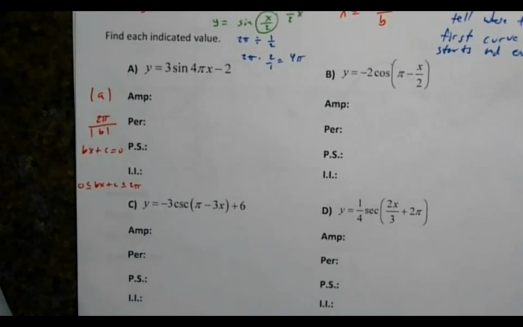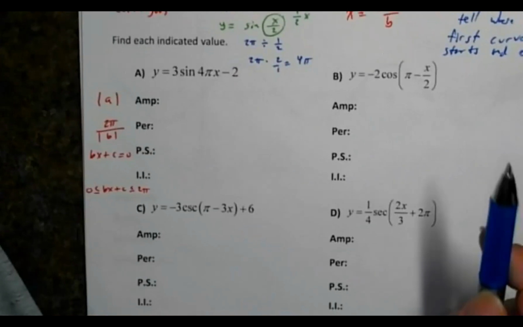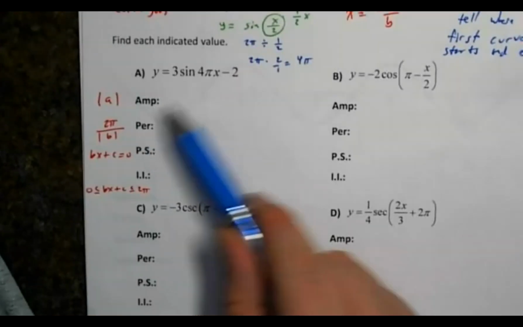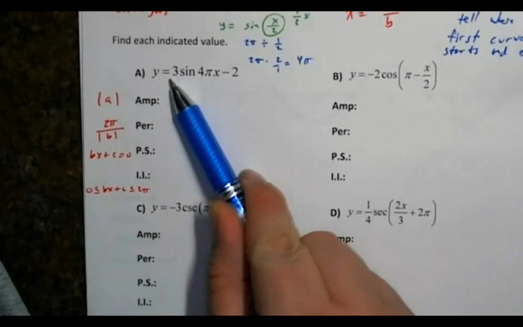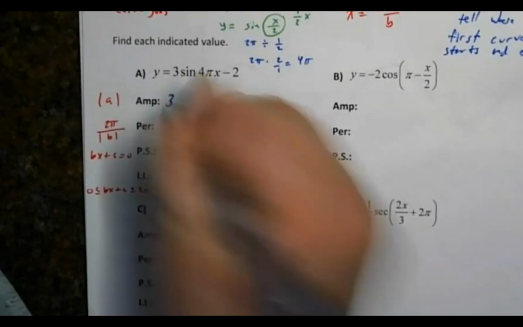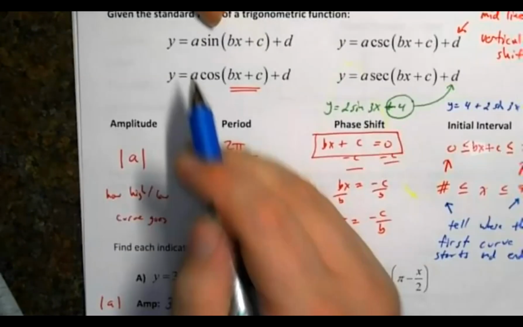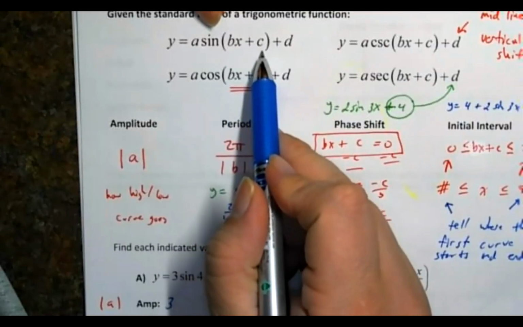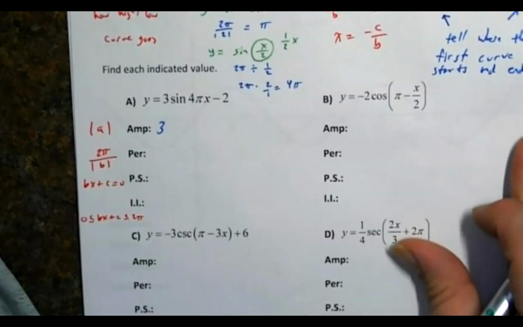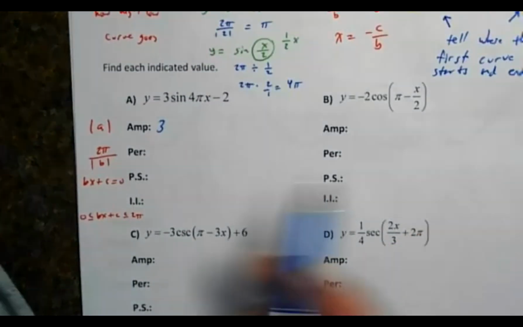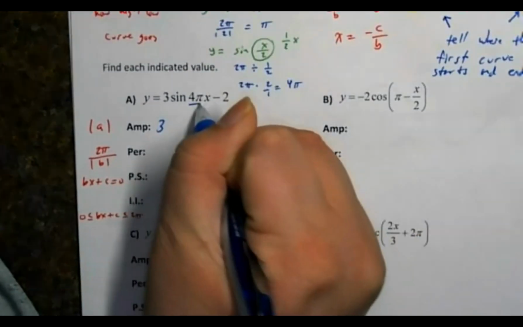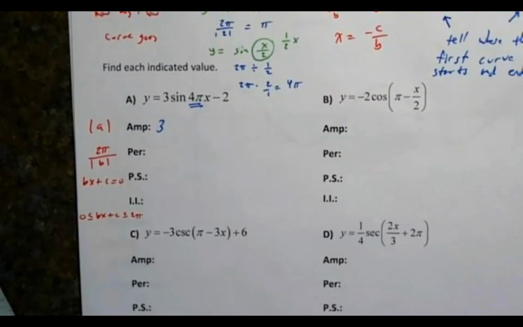All right. So the amplitude of problem A, if we look at the leading coefficient, is 3. The absolute value of A. That's simple. Remember, here's A, bx plus c, and d. Period. What is the period? The number in front of x is 4 pi.